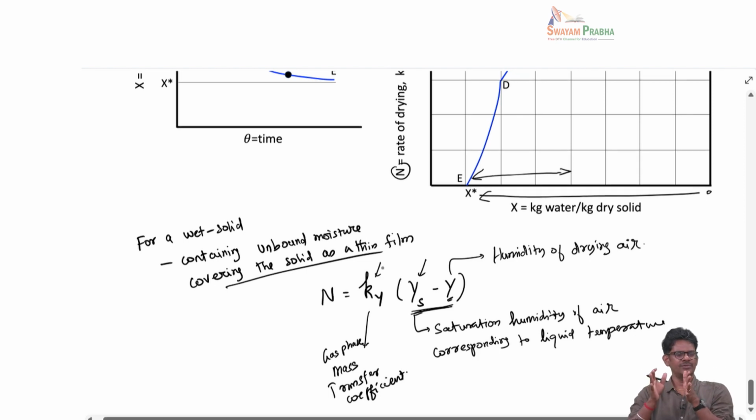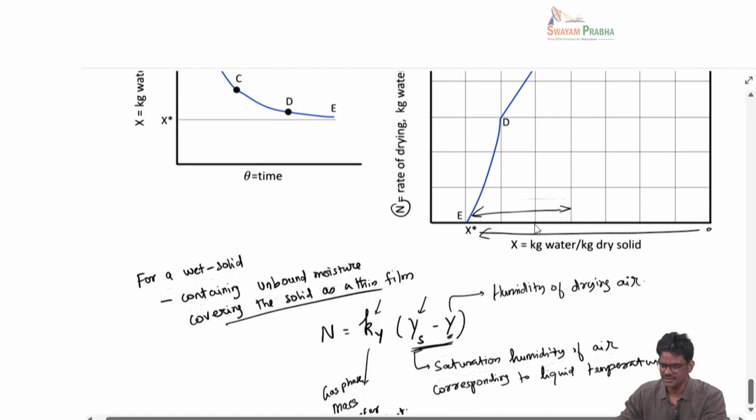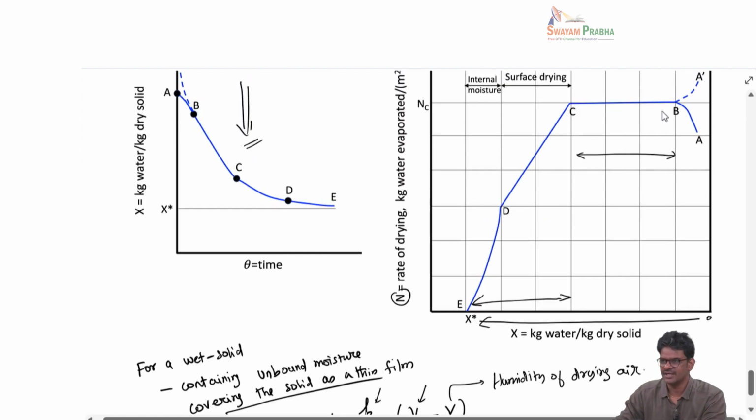So this all will tell you that there is a particular scenario where the mass transfer flux will be constant, okay, because all the quantities that I am involved with here can be treated as constant for certain conditions as long as there is enough moisture on the surface, okay. And that is what you see here, that the reason for having a constant drying rate is because you are talking about drying of an unbound moisture, okay, exerting a vapor pressure equal to the pure water, and here the mass transfer rate is limited by the gas phase.